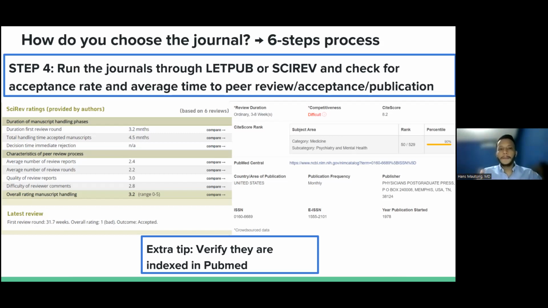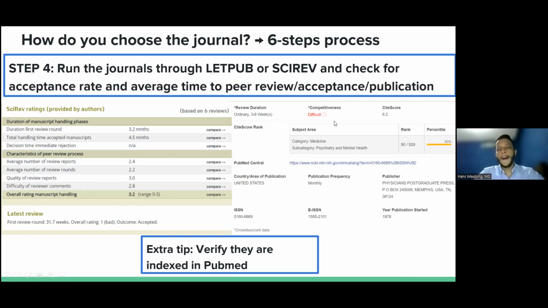So this gives you a sense of how much time you will have to wait for acceptance, review, or publication. This is the output of SciRep. It basically says how much time it would take for the first review. This one is from LetPub.